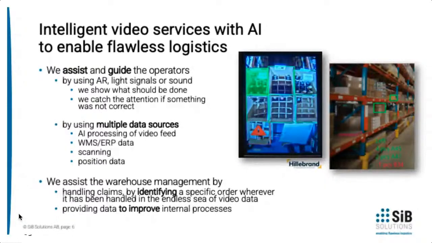We use multiple data sources for this, of course, and there is a lot of AI and image manipulation involved so that we can try to give this feedback in real time. And then we also try to assist the warehouse management in the case of something going wrong. I was talking to a customer yesterday that had ended up with the customs in a country very, very far from us, having received a shipment where everything was turned upside down.